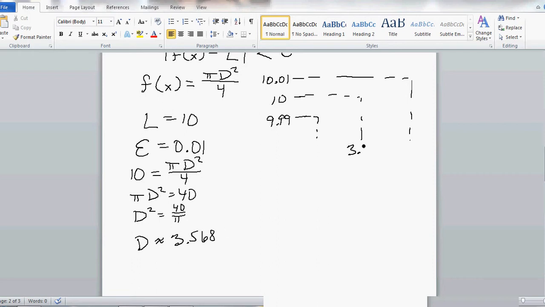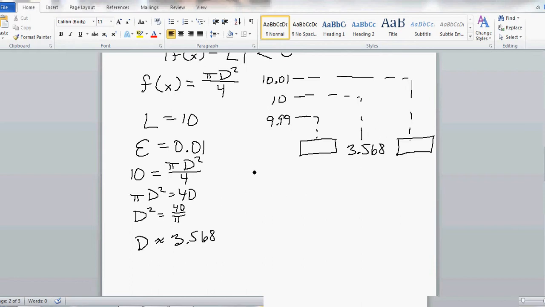So the perfect cylinder would have a diameter of 3.568. Not that that was necessary, because what we really want is the absolute minimum and the absolute maximum. So all we really had to do was calculate these. We don't need this intermediate step, but for completion's sake, it certainly didn't kill us.